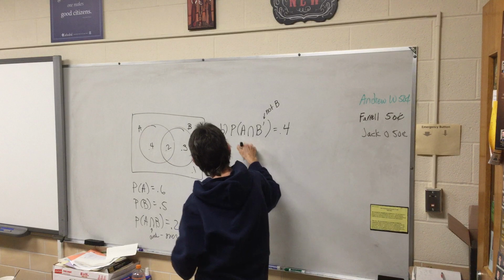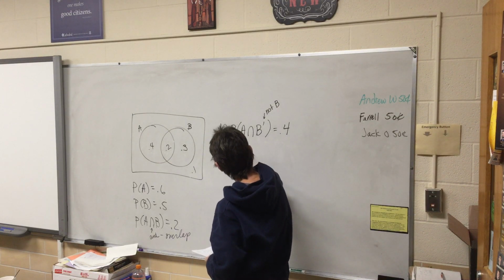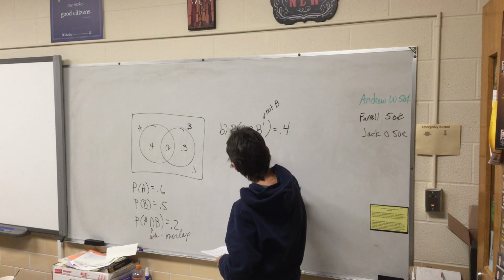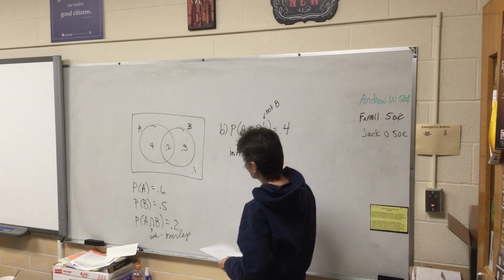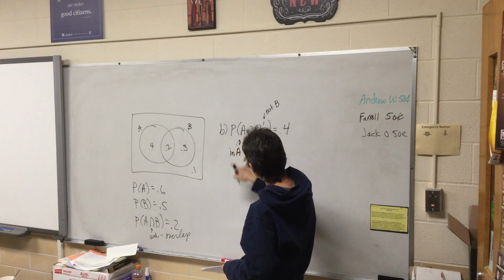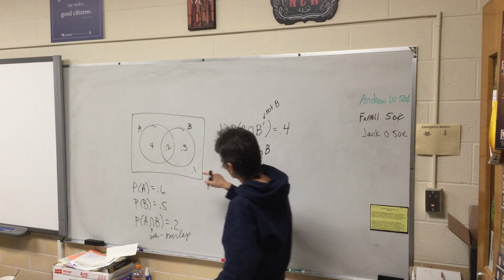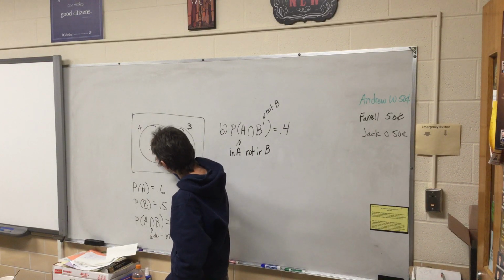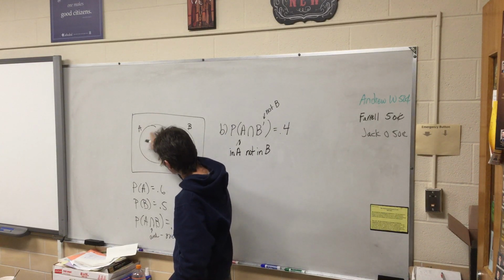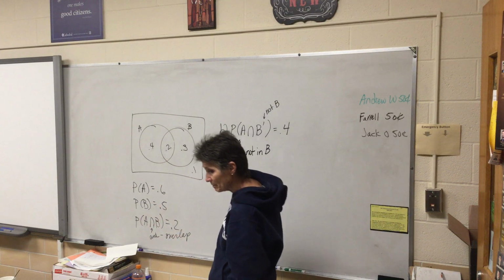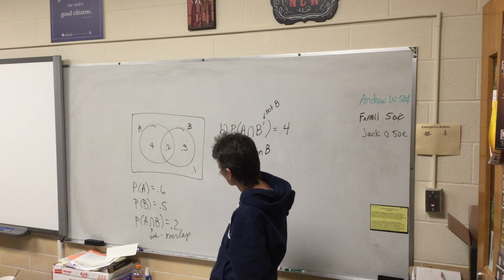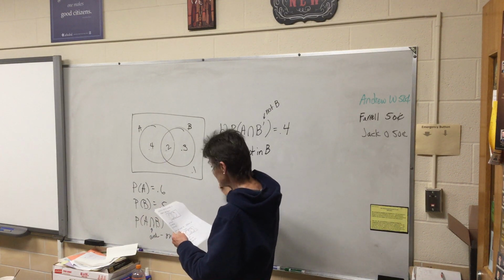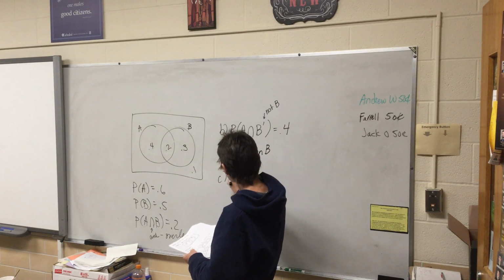So this means I'm in the A ball and not in the B ball. I'm in A and I'm not in B. Well, that's this right here. These are the people that are in A but not in B. Now C is sort of similar.